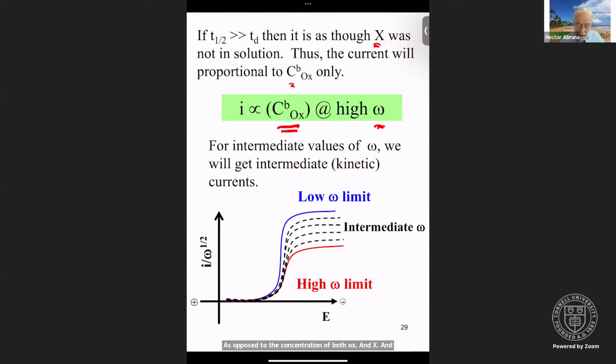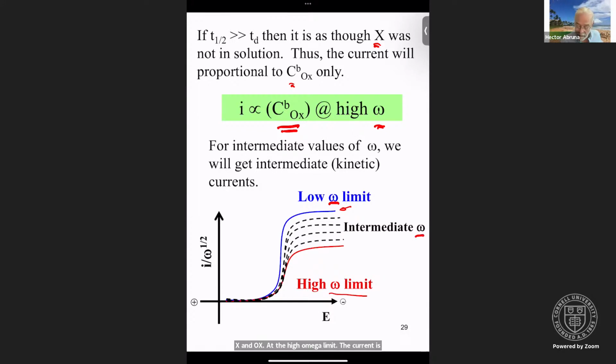And then of course, if you have intermediate values of omega, then you have intermediate values of that normalized current. So at the low omega limit in blue, we have that the current is proportional to both X and OX. At the high omega limit, the current is proportional only to the concentration of OX.